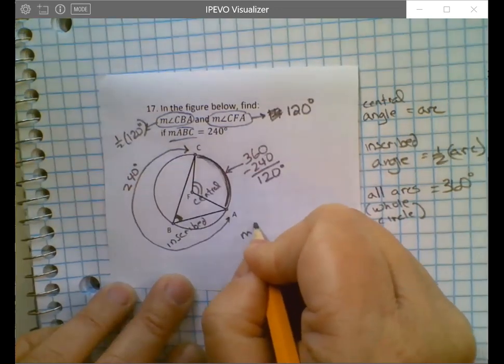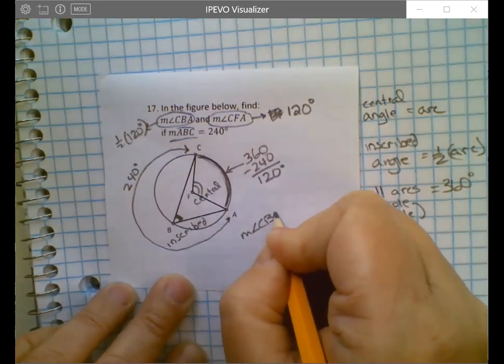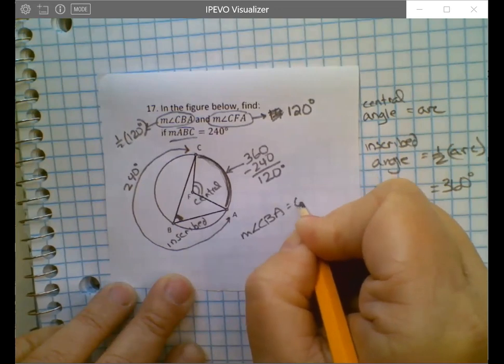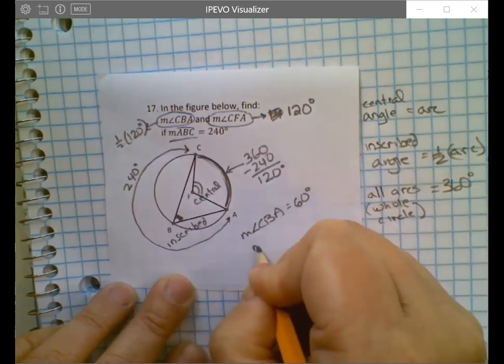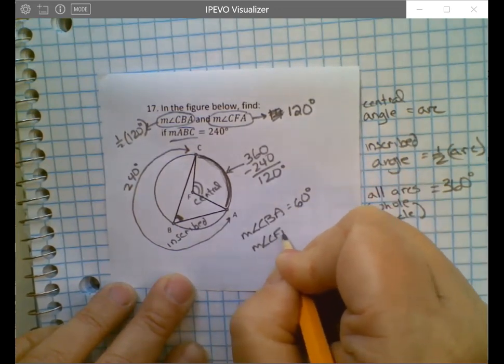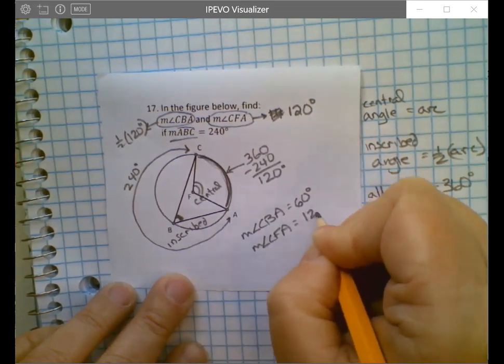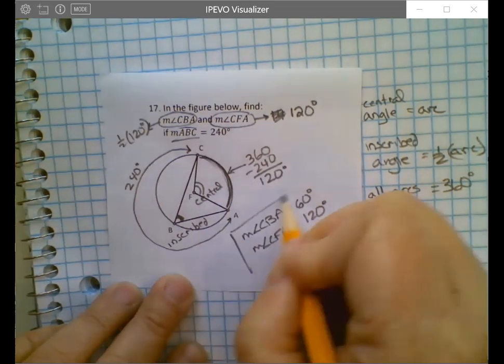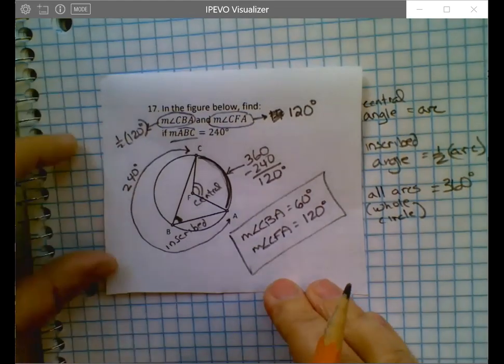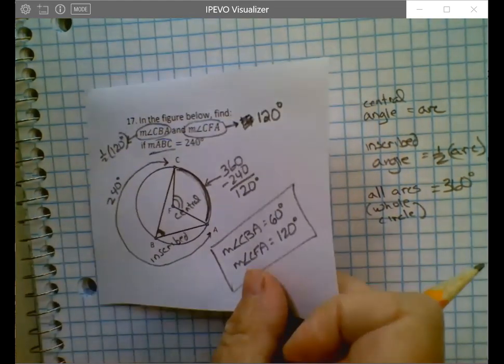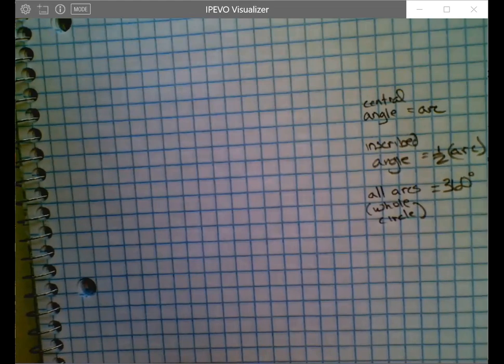So measure of angle CBA is 1/2 of 120, which is 60 degrees. The measure of CFA is just equal to the arc, is 120. It's number 17.